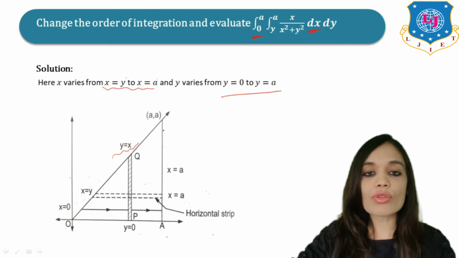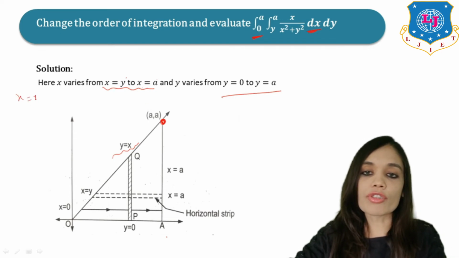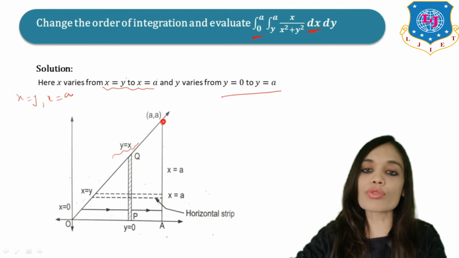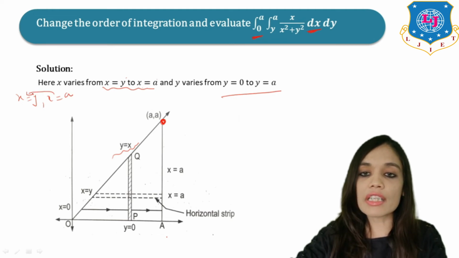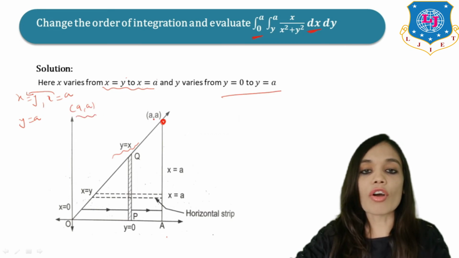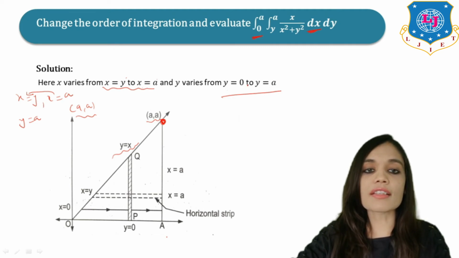So from these two lines, firstly we will find the point of intersection between x is equal to y and x is equal to a. Suppose you put in this, what we will get? y is equal to a. So your point of intersection is what? a comma a, which is shown over here. Okay. Now we have to draw y is equal to 0.